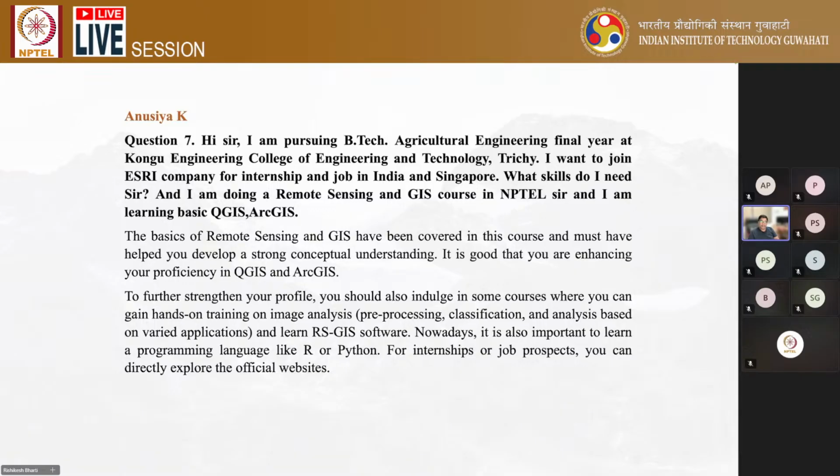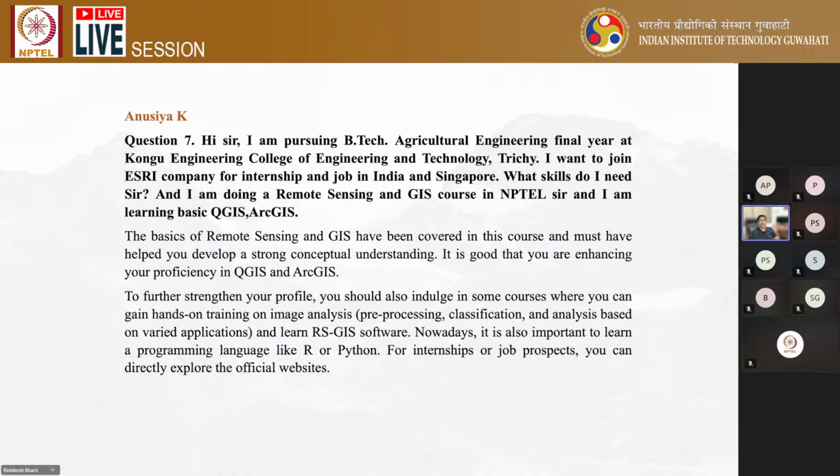So there you can apply, and then you will be able to get a paid internship, I mean to say. And particularly for ISRO, or any other remote sensing GIS company, you go to their website, look for the opportunities, vacancies, and then apply through a proper channel. And if you're good, definitely you will get it.